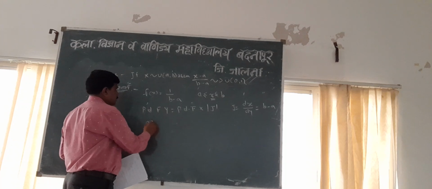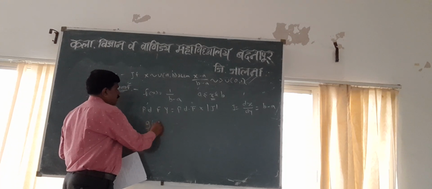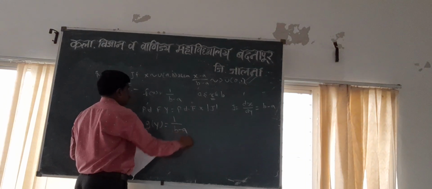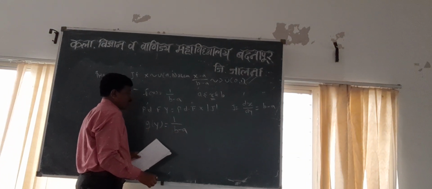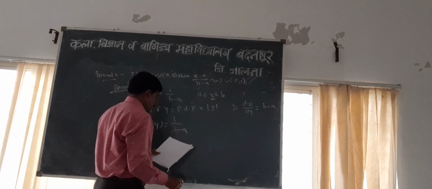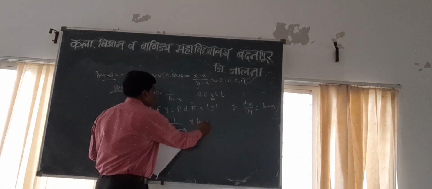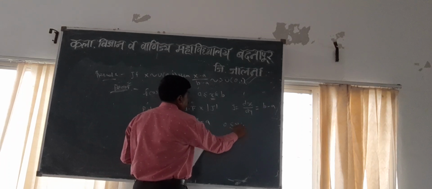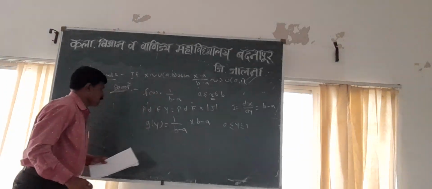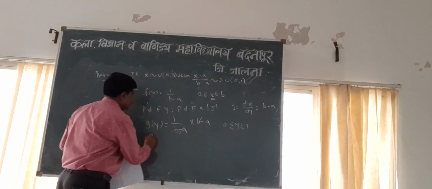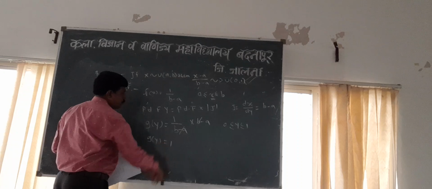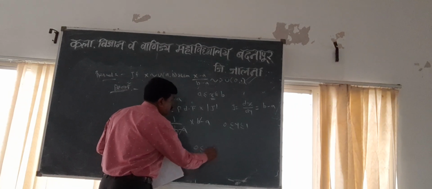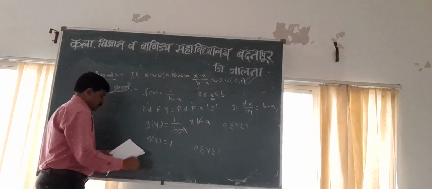And put this value: g of y equal to 1 by (b minus a) into (b minus a), for 0 less than y less than or equal to 1, and this gets cancelled, so g of y equals 1 for 0 less than y less than or equal to 1.